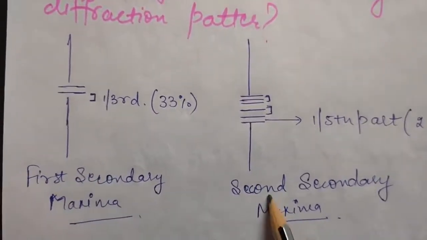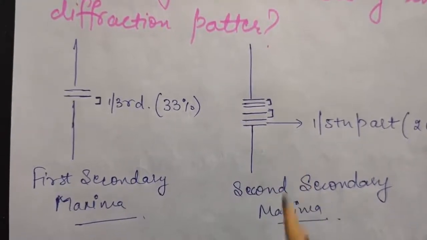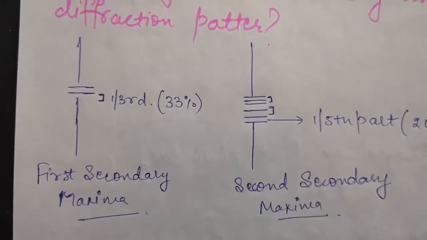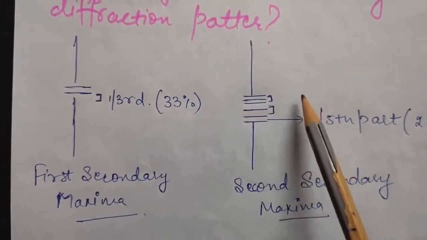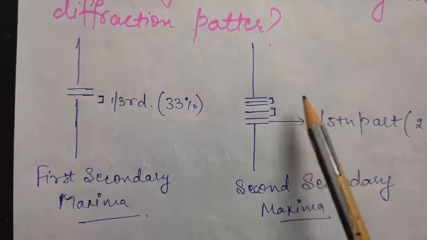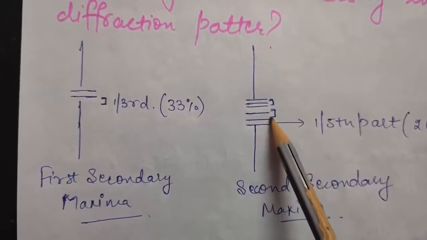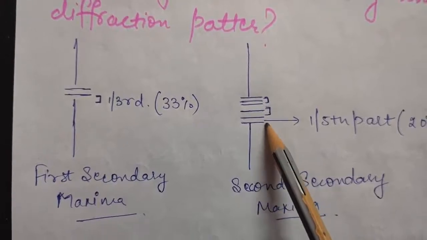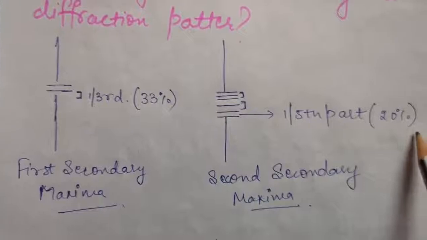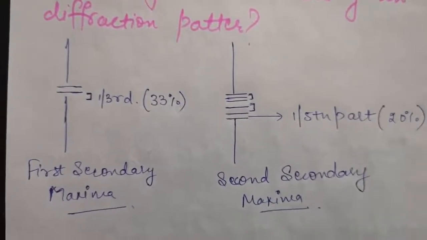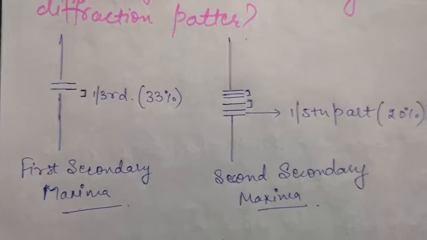Now let us talk about the second secondary maxima. In this you have to divide your slit into 5 parts. Again, from the first 2 portions, destructive interference will be there. From the other 2 portions, again destructive interference will be there. So now from only this part you will get light, that is the 1/5 part of the slit, or you can say 20% part. So the part from which the light is coming is again reduced.